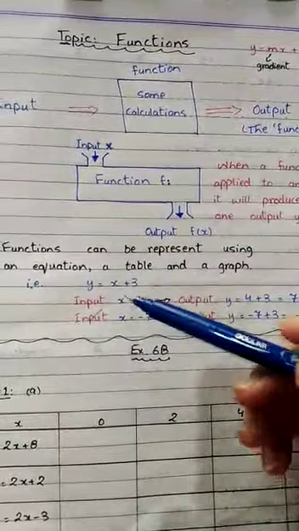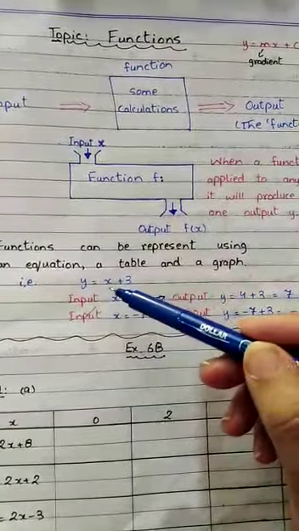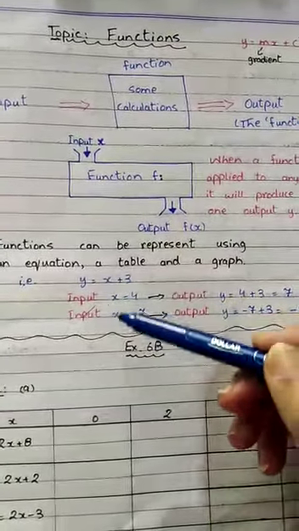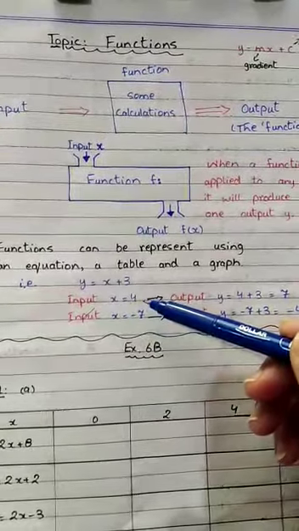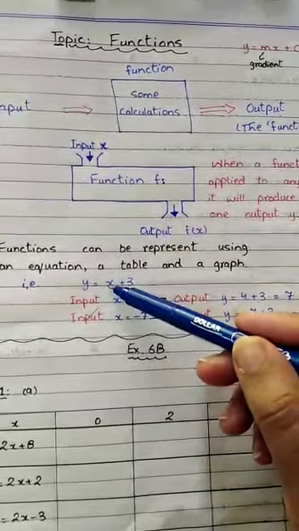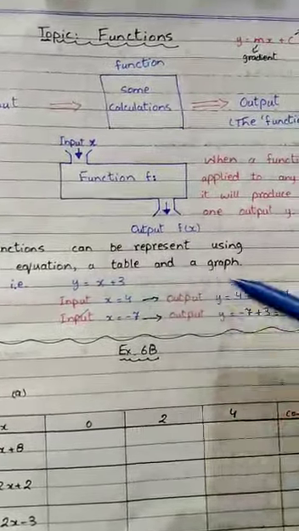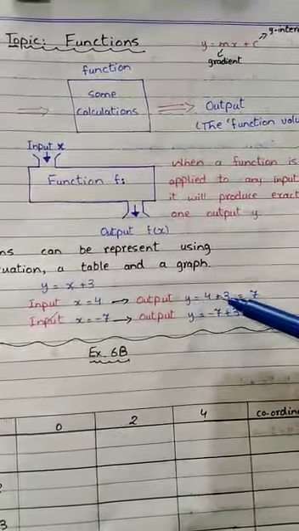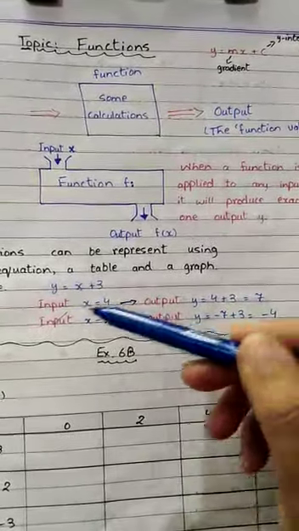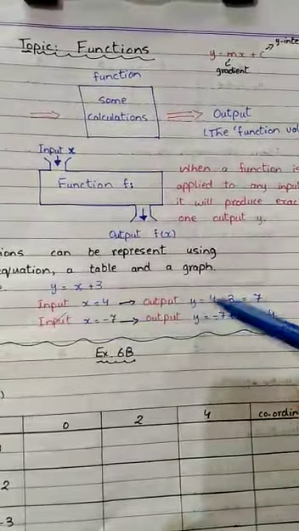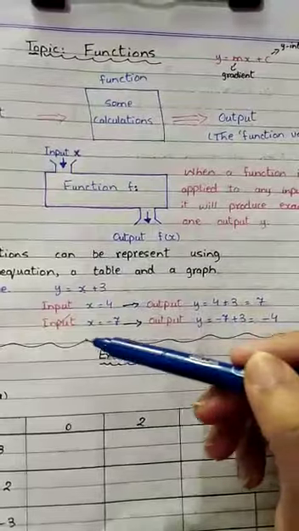Okay. So for example, if you have a function y is equal to x plus 3 and you give an input x is equal to 4, means you are going to put the value of 4 in the given function, then you will get y is equal to 4 plus 3, 7. When the input is 4, the output is 7 in the given function.